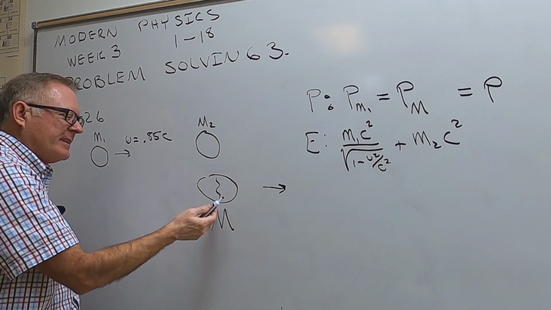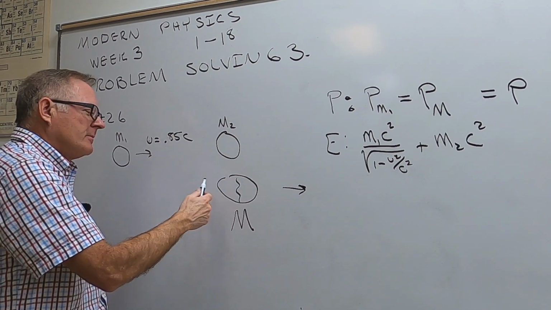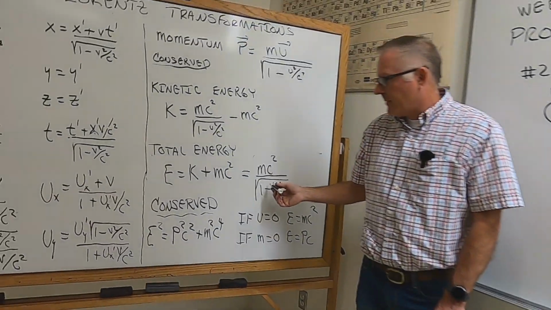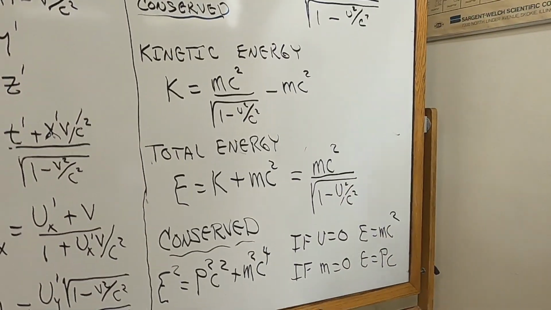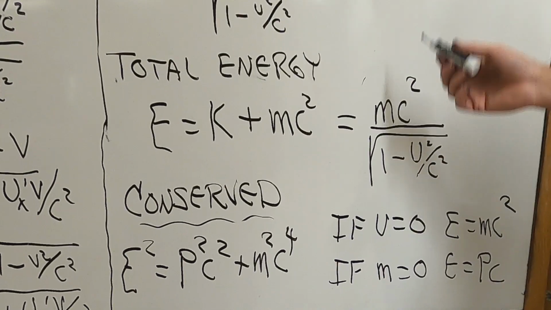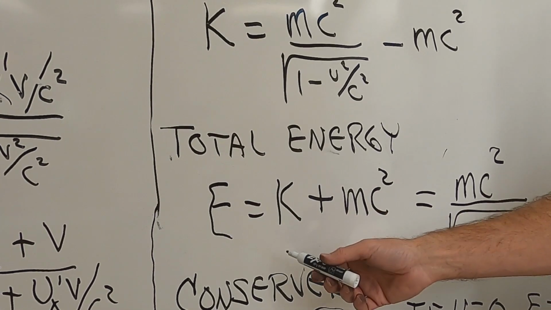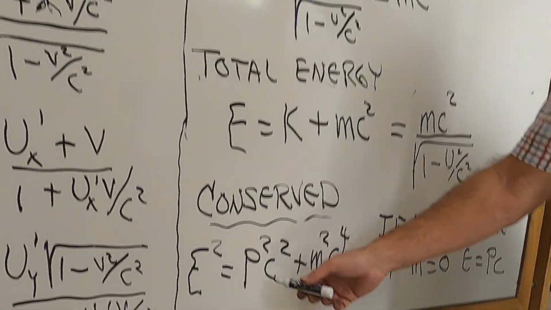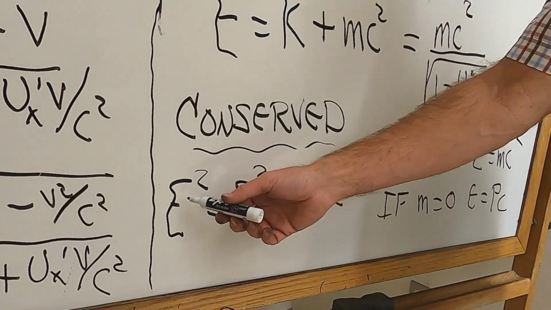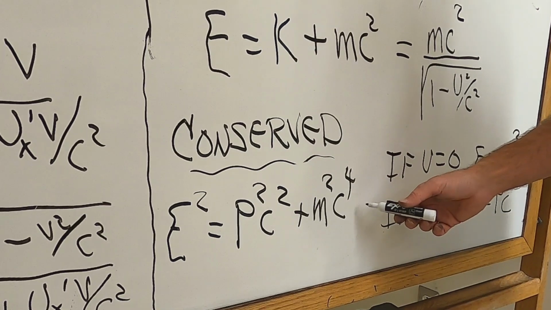Now I could write this energy like this, but I don't know the speed of it, so maybe I shouldn't use this one. I could write the energy over here like this, but I don't know the kinetic energy. Maybe I'll use the energy from this. I'll take the square root of both sides, so E is the square root of this right here.